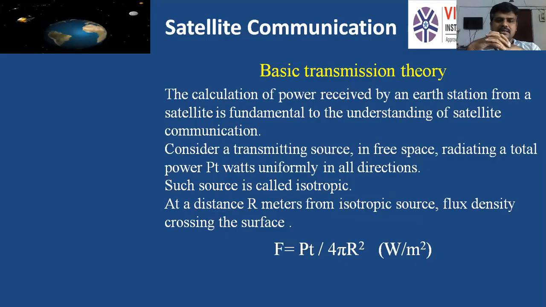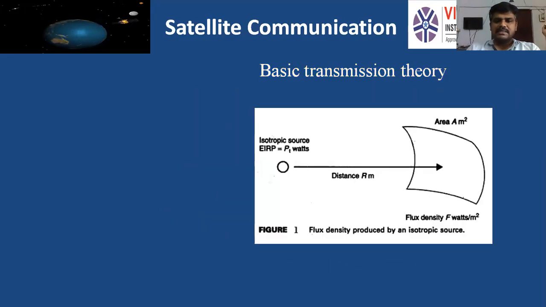Consider an isotropic source, that is nothing but a satellite, radiating the power in all directions, and for example it is covering an area A meter square, which is at a distance r meters.